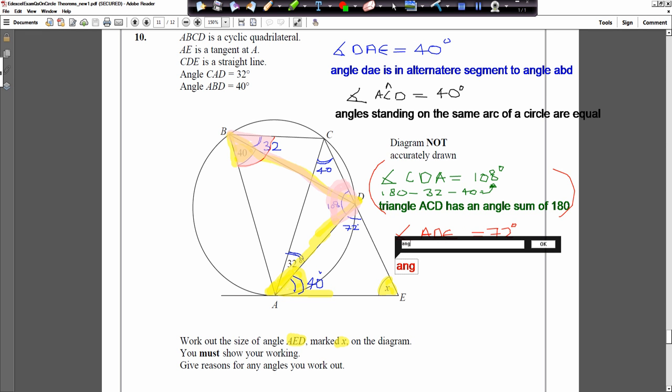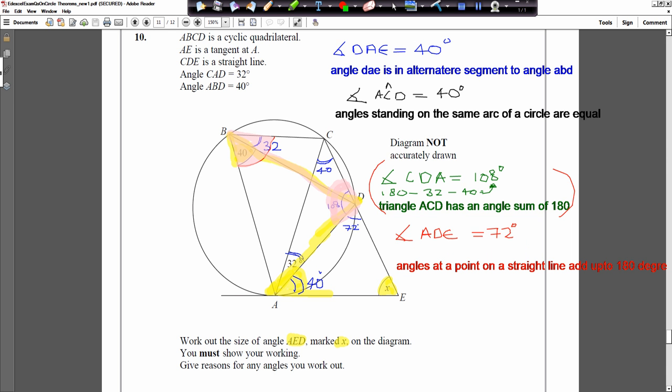So we say angles at a point on a straight line add up to 180 degrees. We can't fit any more than that.